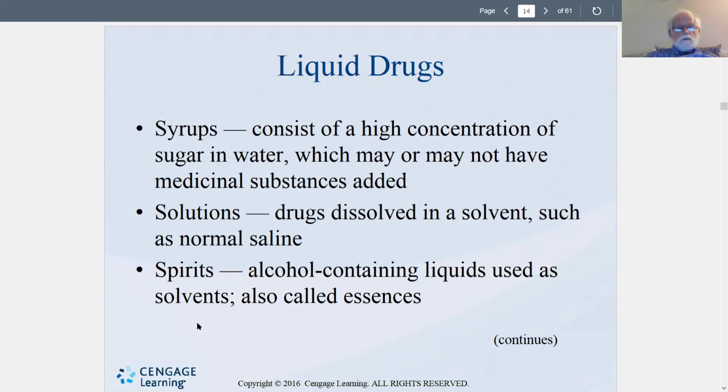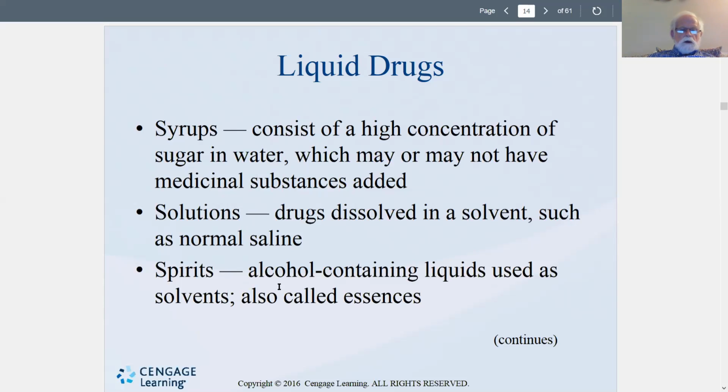Liquids, there are many. We have syrups, which are basically sugar water which can have a medication added. Syrups are easy to confuse with the kinds of things we put on pancakes, but a medicinal syrup is a thick, sweet liquid that has a drug in it.